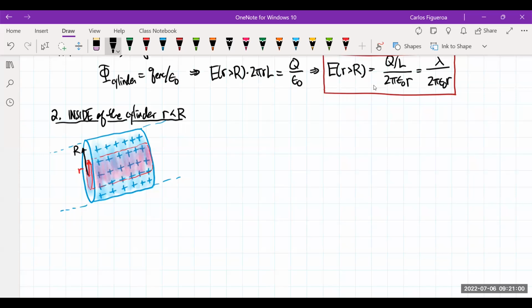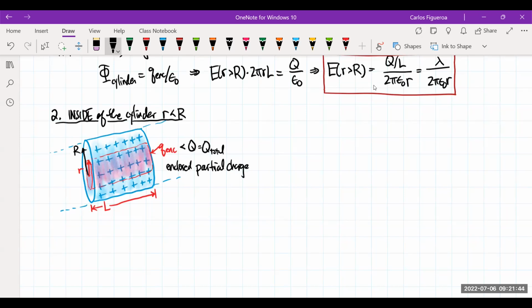So little r is definitely smaller than the radius of the cylinder, and again the cylinder has a length L. That's the picture we're seeing. So this is Q enclosed, and this is definitely going to be smaller than Q total. So we see that we enclosed partial charge.